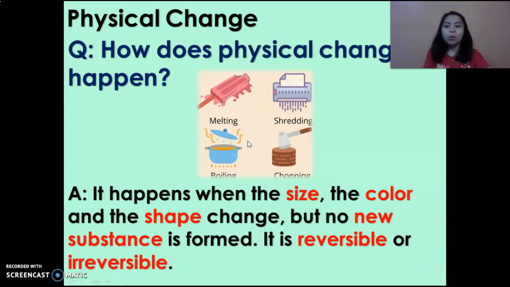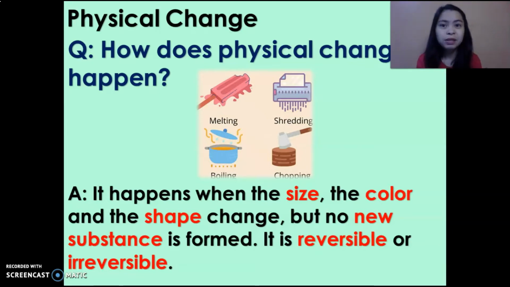Here we will get to know first what physical change is all about. So my question, how does physical change happen?